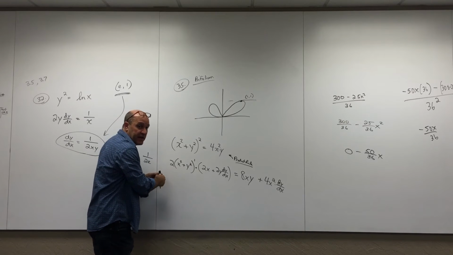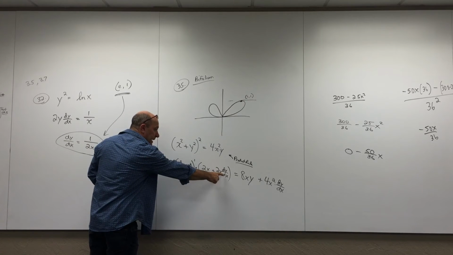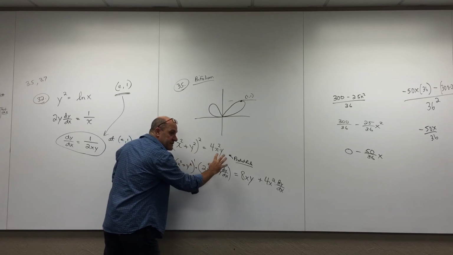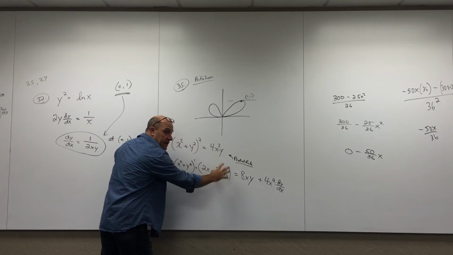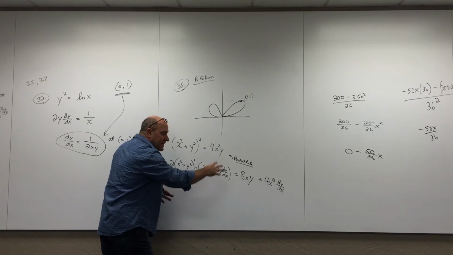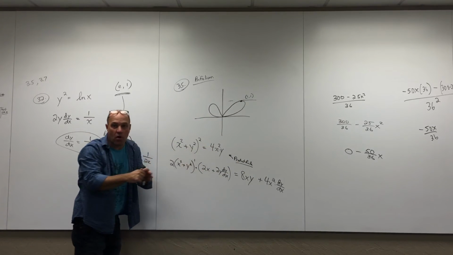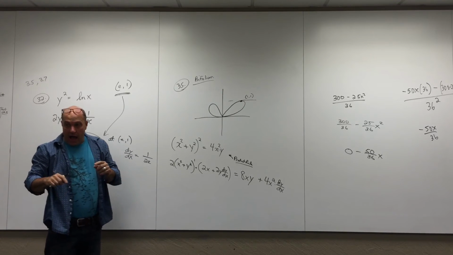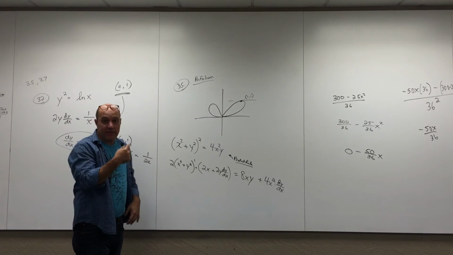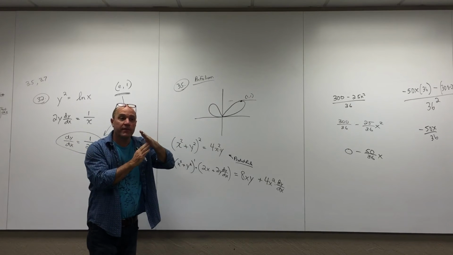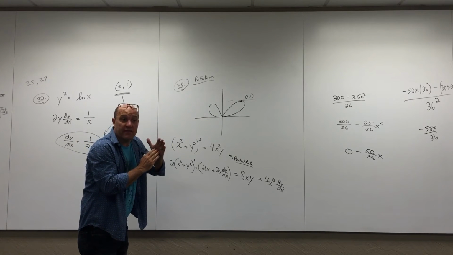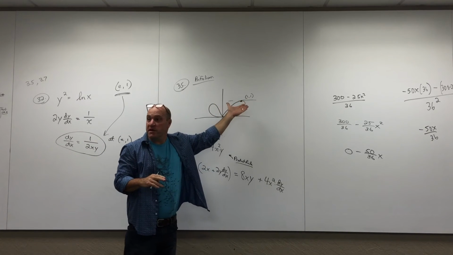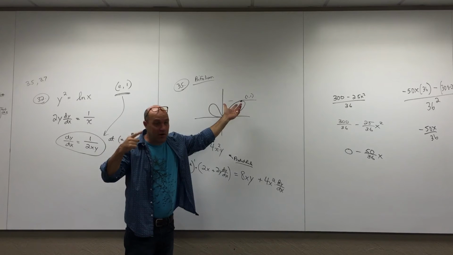I'd almost have to distribute this, then get my dy/dx terms together, get everybody else on one side, then factor out the dy/dx. I could do all that, and maybe I should, except, timeout. I am supposed to evaluate this at a point. And so when someone gives me a point, then I'm a pretty smart guy.